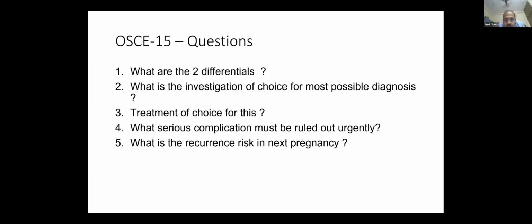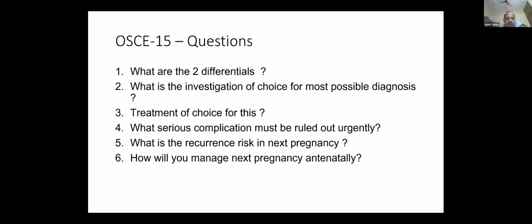HPA testing, antigen testing, antibody testing, mother, father. Rule out IVH, maternal antibodies, placental antigen. So many have answered correctly.